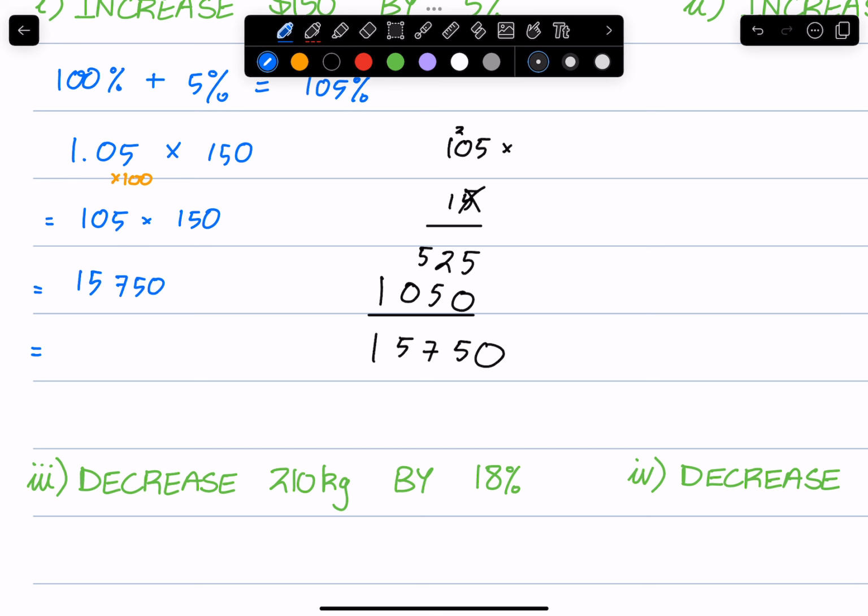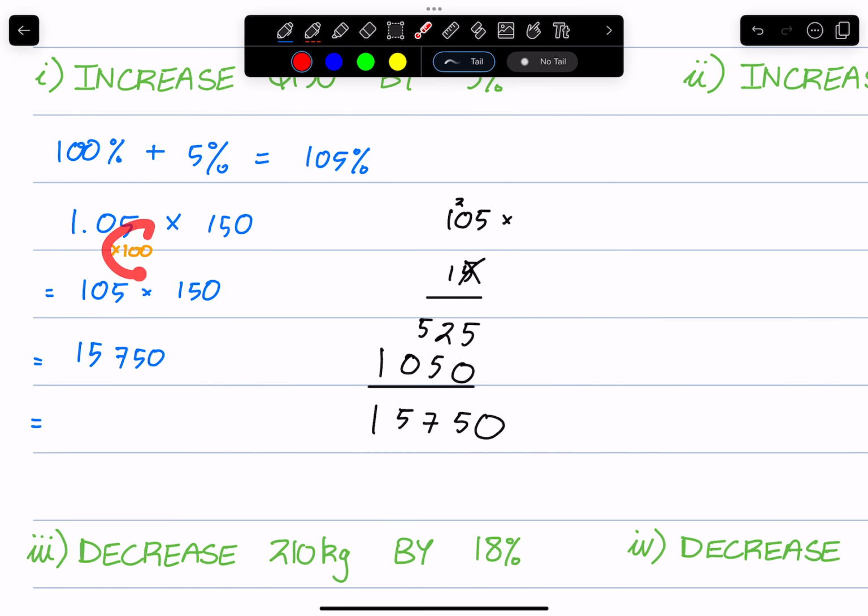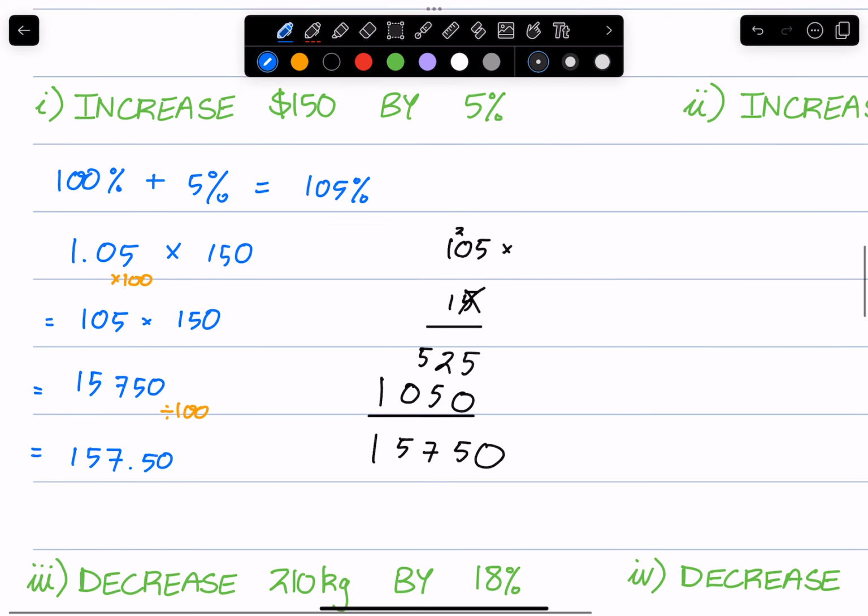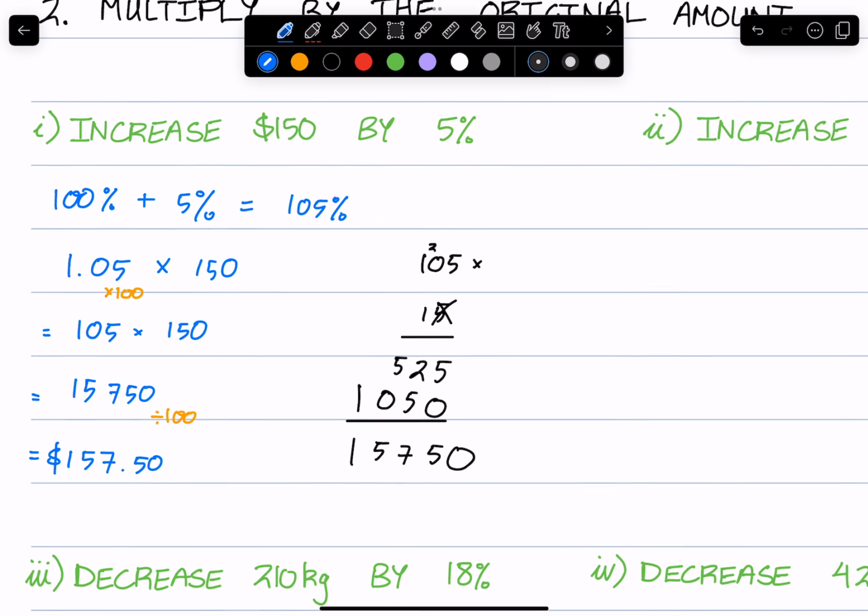So this gives us 15750. But since we have multiplied by the 100, we need to reverse that and divide by the 100, which moves this decimal place back 2 spaces. This will give us 157.50 because this is in money.